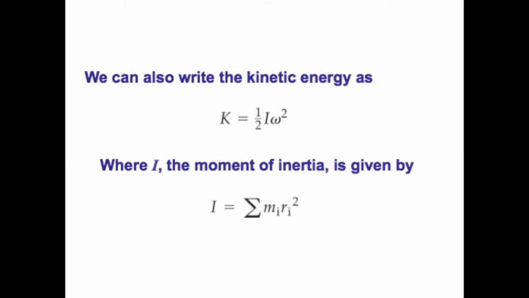Yep, it's I. The sum of all the mr squareds in a rotational solid can be expressed as I. So, we can conclude by this that K for rotational is actually equal to 1/2 I omega squared.